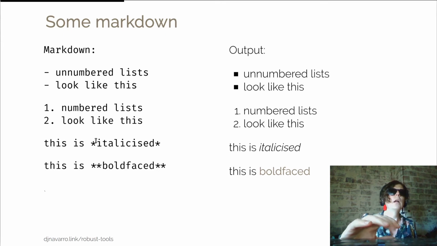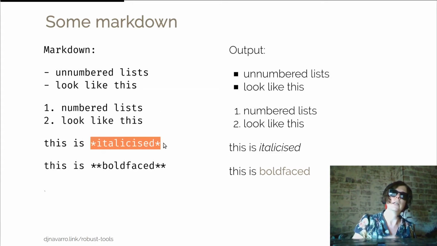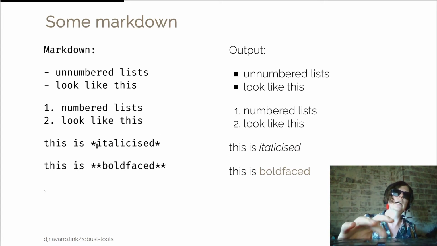So what you can see here is, okay, this is text in italics, and to create the text in italics, what I wrote in plain text was the word italicized inside asterisks. So one asterisk like that will put the text in italics. If you do double asterisks, it'll put it in boldface.